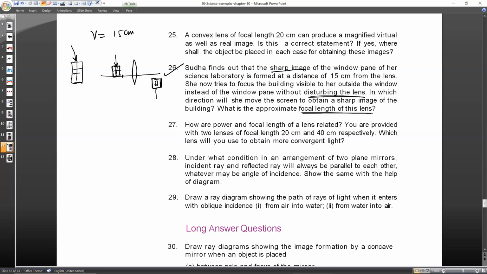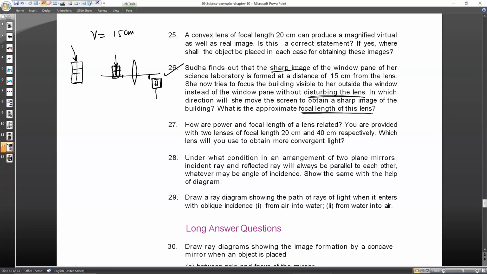If she is focusing, we can say that this will be beyond R, or beyond the radius of curvature.